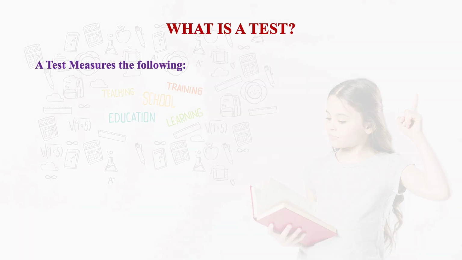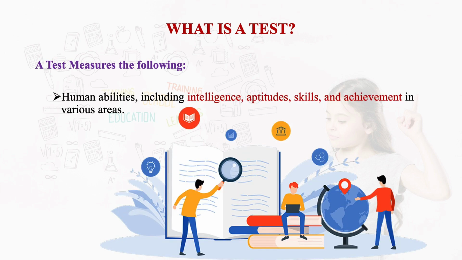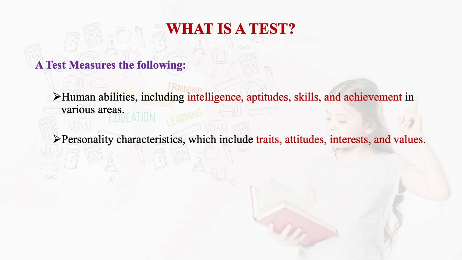To understand more about what a test is, let us see what a test measures. What are the different abilities a test measures? First of all, human abilities, which include intelligence, aptitude, skills and achievement in various areas. Further, personality characteristics, which include different traits, attitudes, interests and values.